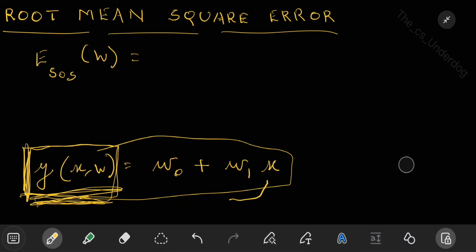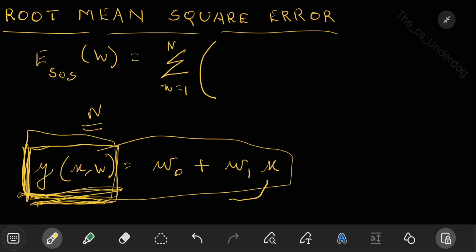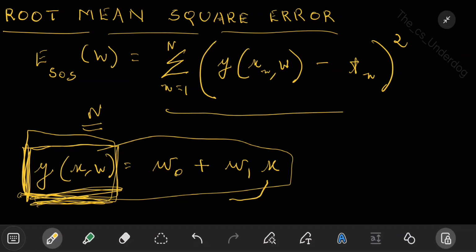Let us say there are n data points, then it is the sum from n equal to 1 to n of the square of the error term, the difference between y of x_n, w and our target t_n, squared. So this is a sum of squares.